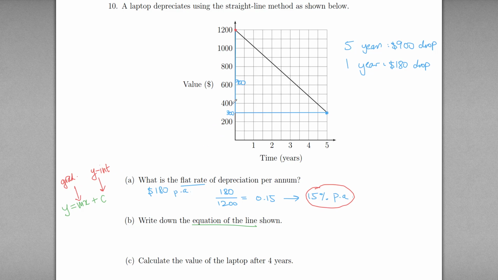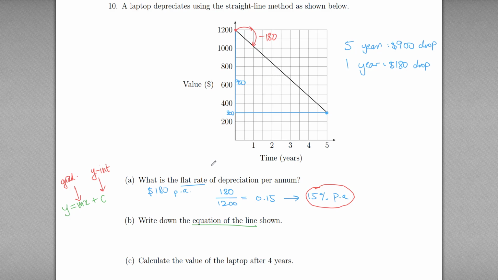Well, the gradient was saying when you move one across, how far up are you going? We just calculated that every time you move one across, you're actually moving down by, well, we calculated 1 year means it dropped by 180, so it'd be moving down by 180.